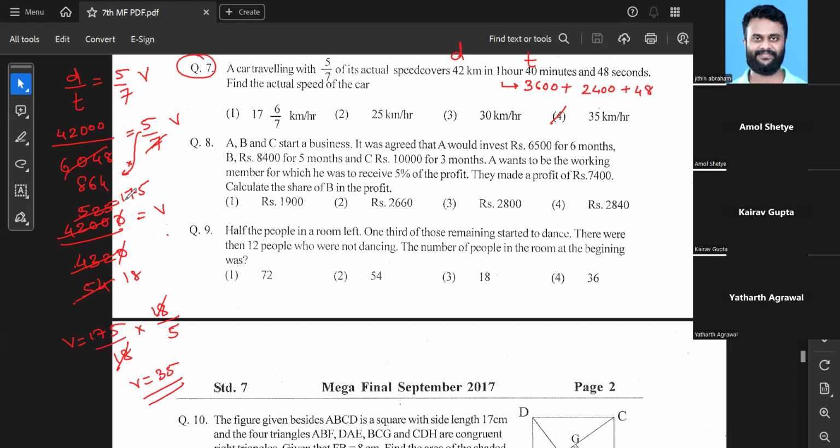Can you explain again how you got 4320? See, first of all, I cancelled 7 with 6048 to get 864. Then I took this 5 to the other side. Oh, you took the denominator. 5 down. Sorry, I got it.